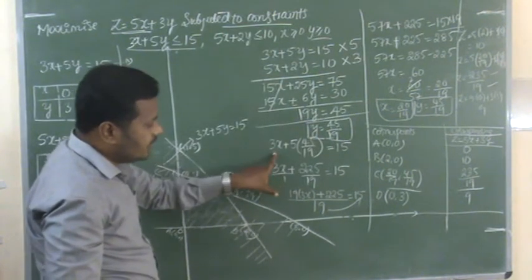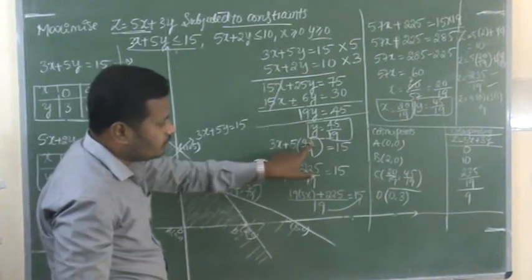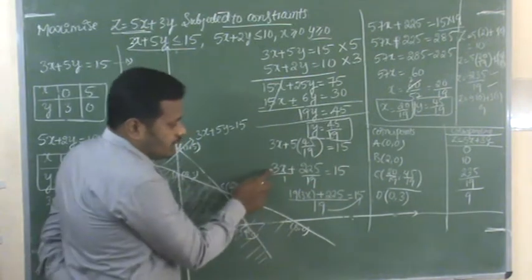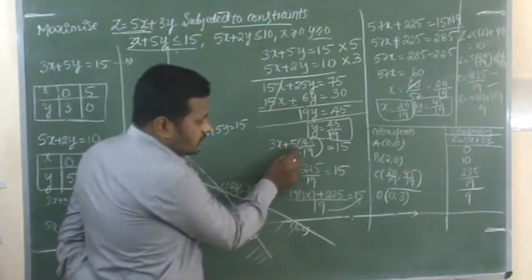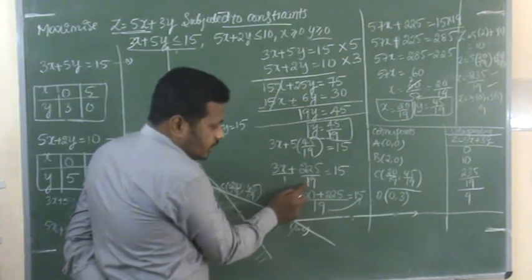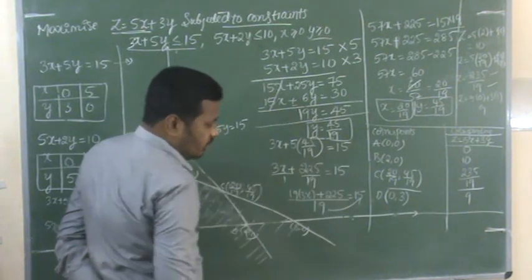We get 3x plus 5 into 45 divided by 19 is equal to 15. So 3x plus 225 divided by 19 is equal to 15.